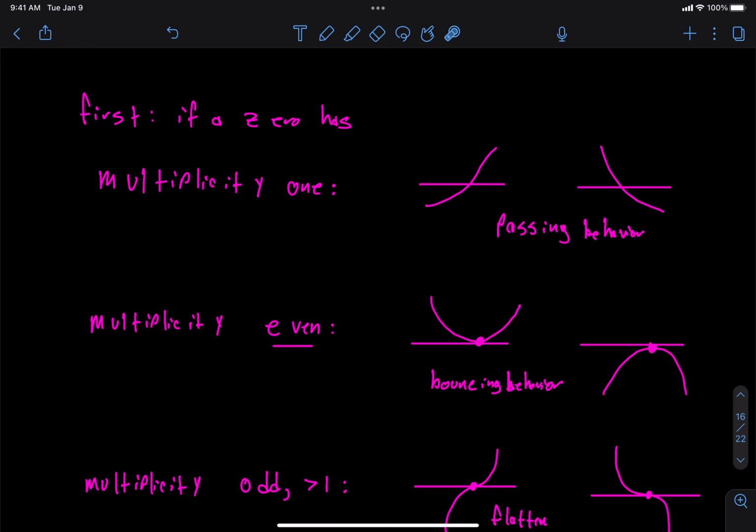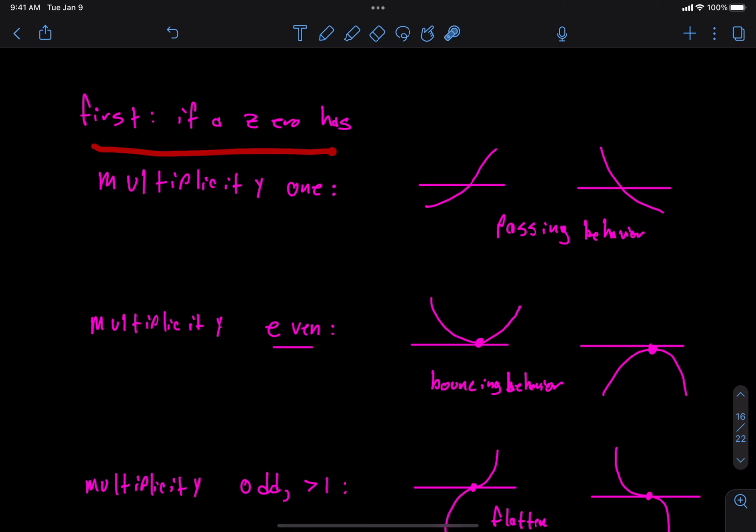If the polynomial has a 0 like x minus c, and the multiplicity is just 1, so the factor is just x minus c, then at the value c the function is going to pass through the x-axis. Depending on whether it's going down or going up, it will look like one of these two. It will go right on through.